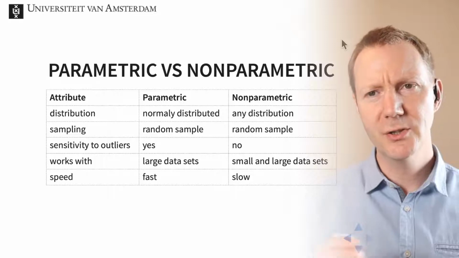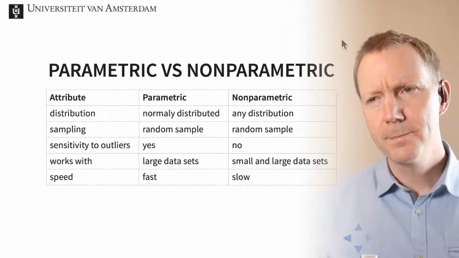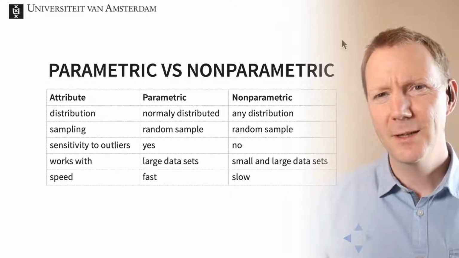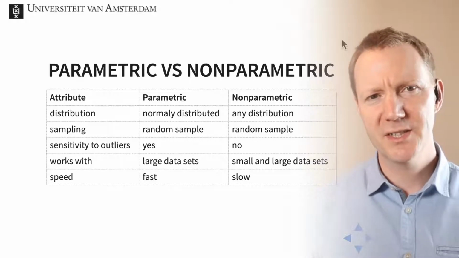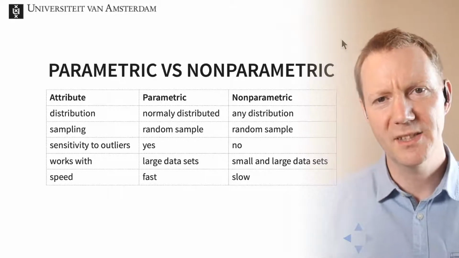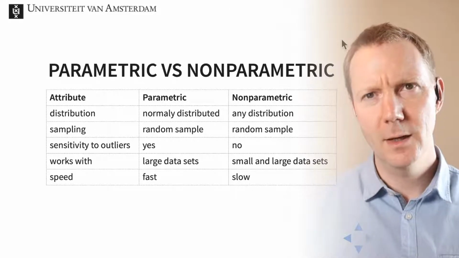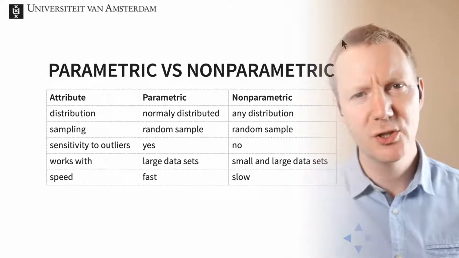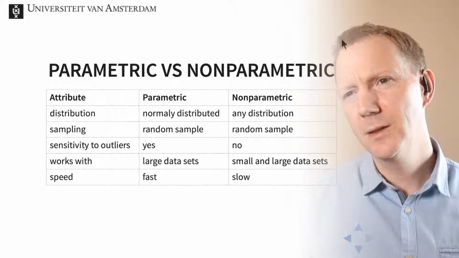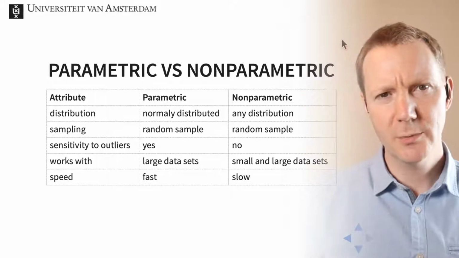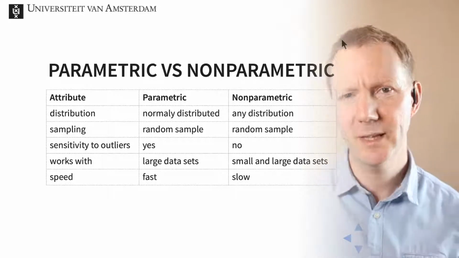Then in this part of the lecture I want to go over a few of the building blocks that non-parametric tests use to do the analysis, which make it possible not to have such strong assumptions. Normality of the distribution is one of the assumptions that holds for parametric tests, but for non-parametric tests this is not really an issue.